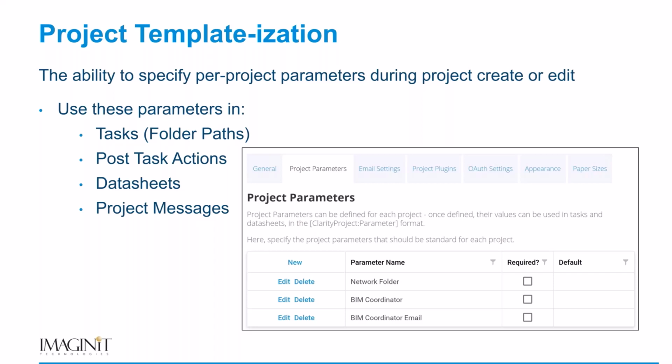Our hope is that this really makes your template project fully templatized so that you can use these project parameters in your template and you won't need to change anything at all after creating the project. You'll just fill in these things up front.